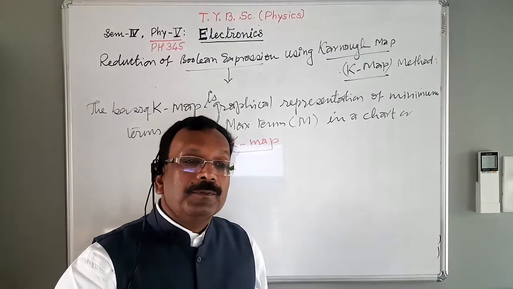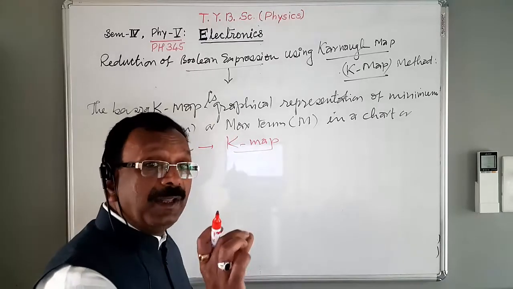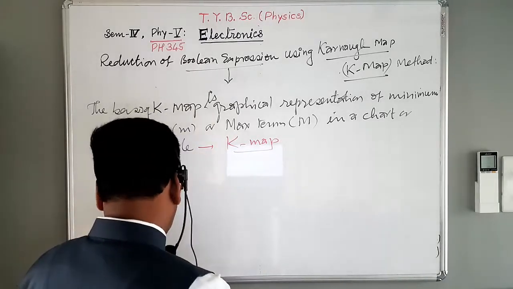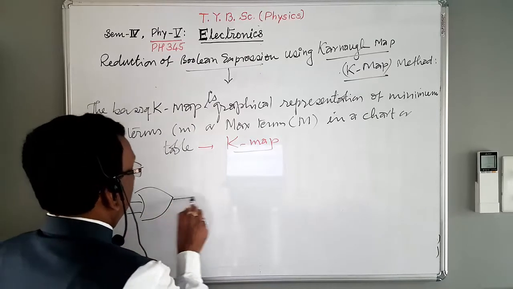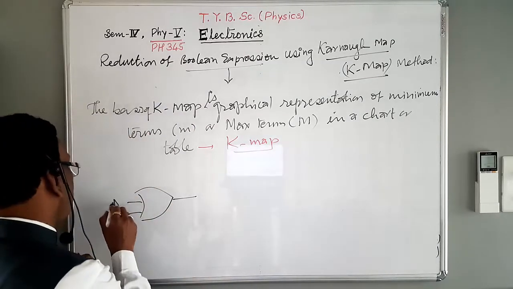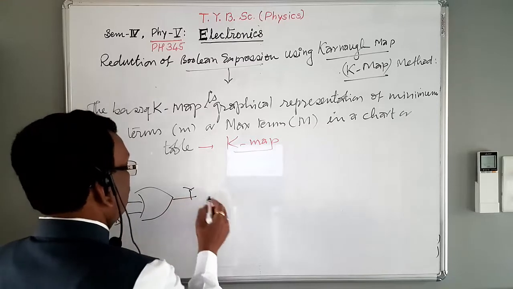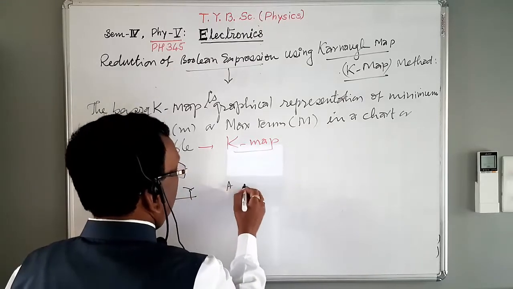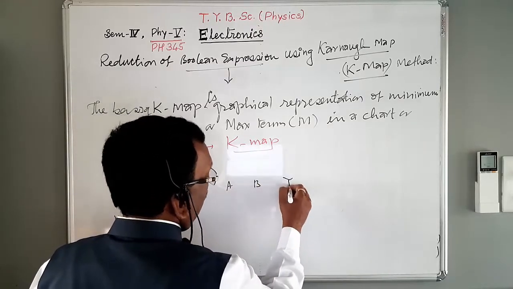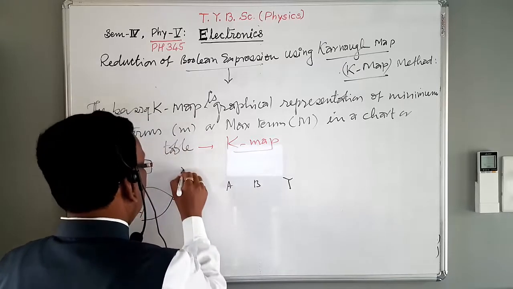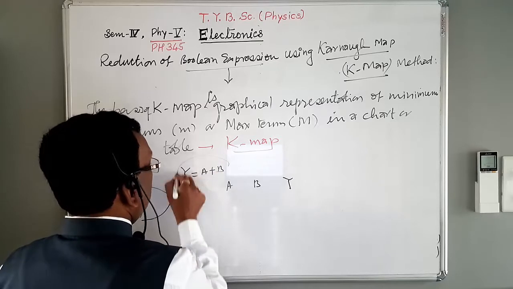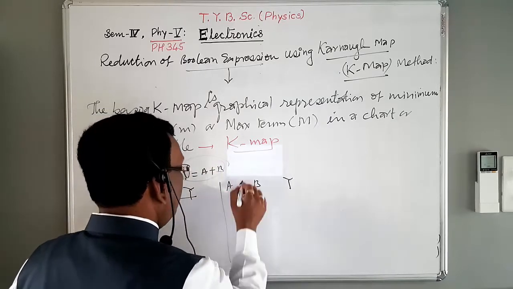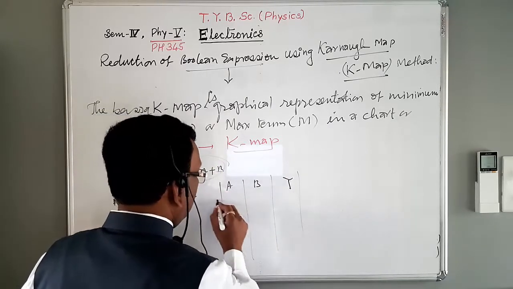We studied the truth table at TYBSc. Suppose for an OR gate of 2 inputs and 1 output, the Boolean expression is A plus B. By using this Boolean expression, we can prepare the truth table.